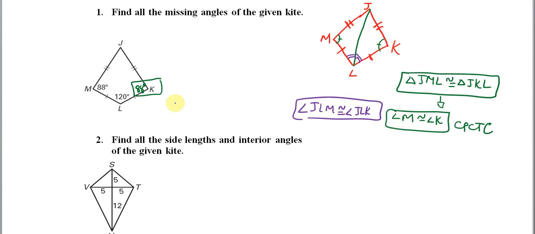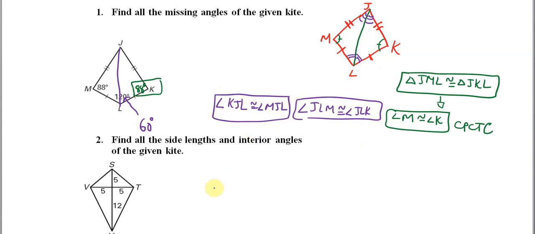And that means then that each of these, if we split this picture, that this angle here must be 60 degrees. Okay. And then these angles up here in our picture here, they are also congruent by the exact same reason. So angle KJL is congruent to angle MJL for the exact same reason.